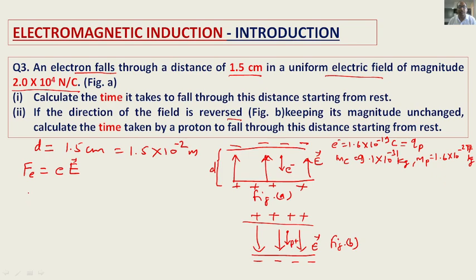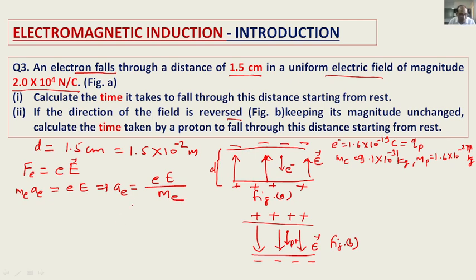So F will be mass of electron and acceleration of an electron. That acceleration gained by the electron in falling down will be equal to eE by m. So further we can calculate acceleration of electron from here, that is eE by m_e, by putting the values.